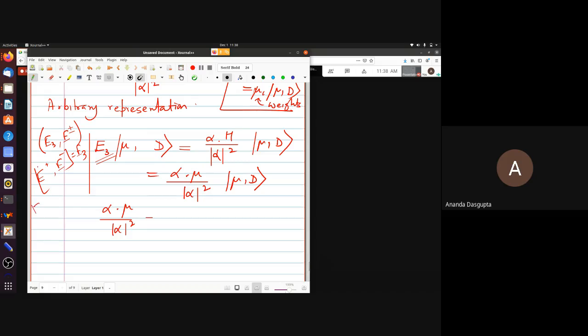And E3, if you remember anything about your SU2 representations, what went into the derivation of the SU2 representations, the possible eigenvalues and all that? All that we used in quantum mechanics, did we use the specific nature of the representations, that is, what the specific form of the operator looked like?